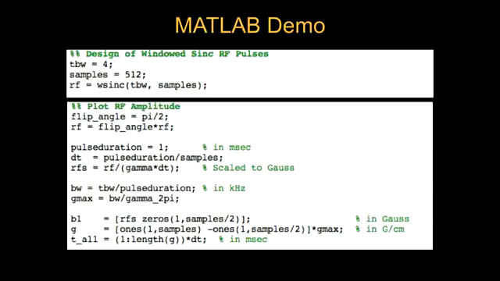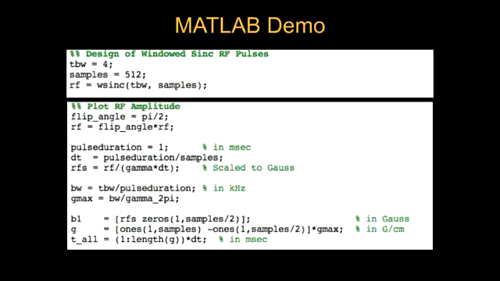I also provided a window sinc function, so you can use it if you want. The input is the time bandwidth product, which determines how long it is, and how many samples are required. So far there's no unit included, just a number of samples with time bandwidth product, and then you're going to have a shape.